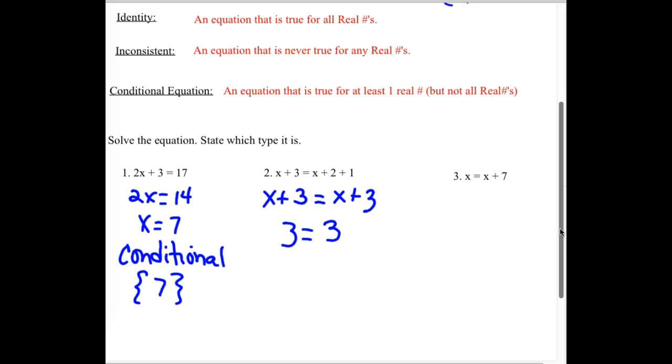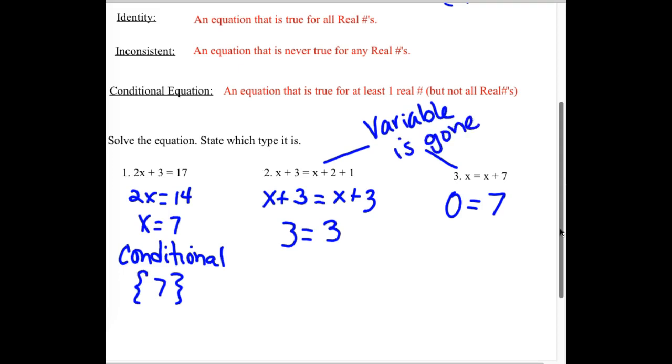If we tried to do the same thing over here where we were trying to solve for x, I'd try to get my x's to one side. Subtracting an x to the left-hand side leaves me with nothing equaling 7 on the right-hand side. In both of these examples, the variable's gone.